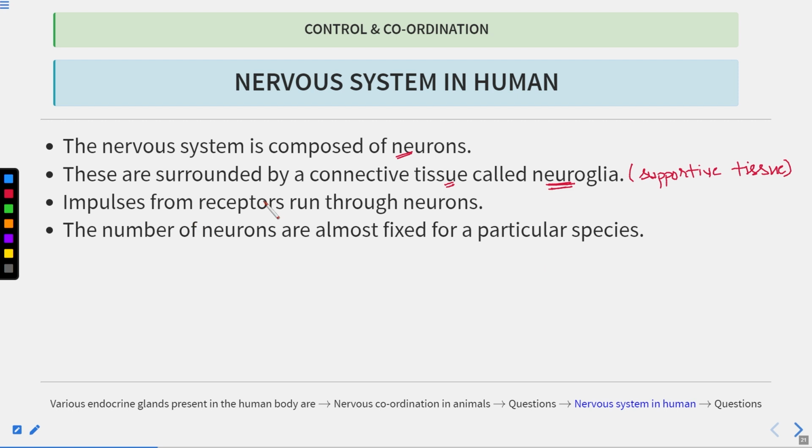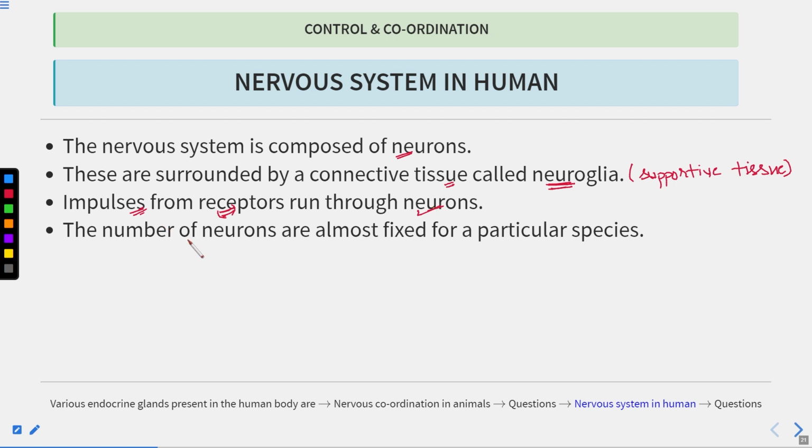Now, impulses from the receptors run through the neurons. This we already know. These electrical impulses or the nerve impulses are generated by the receptors, and the receptors consist of these nerve cells, and these impulses run through the neuron. So one neuron is connected to another neuron.